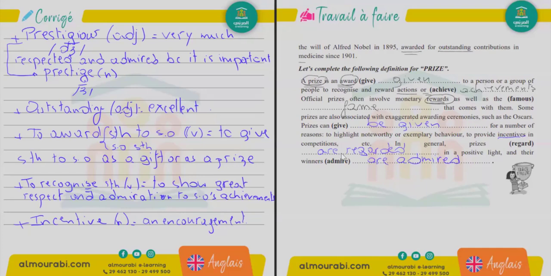Be given, are regarded, are admired. These are passive sentences. You do have the verb to be plus the past participle. That's the passive form. We will write the exercises on the passive form later. So that's the meaning of the word prize.